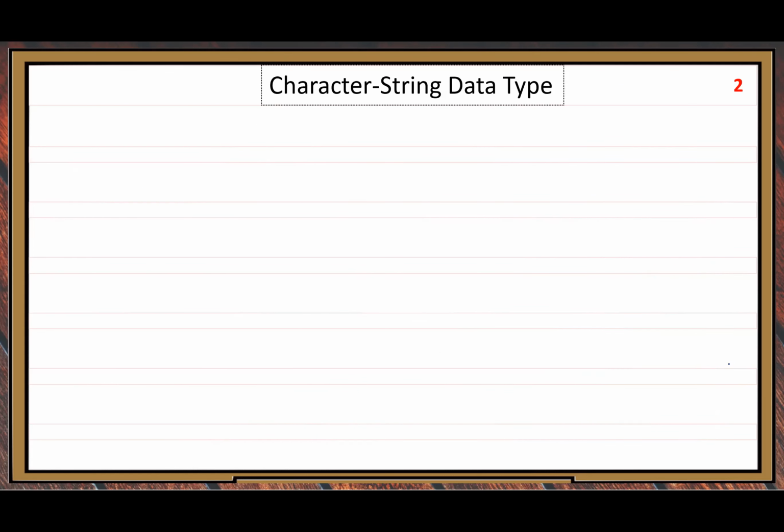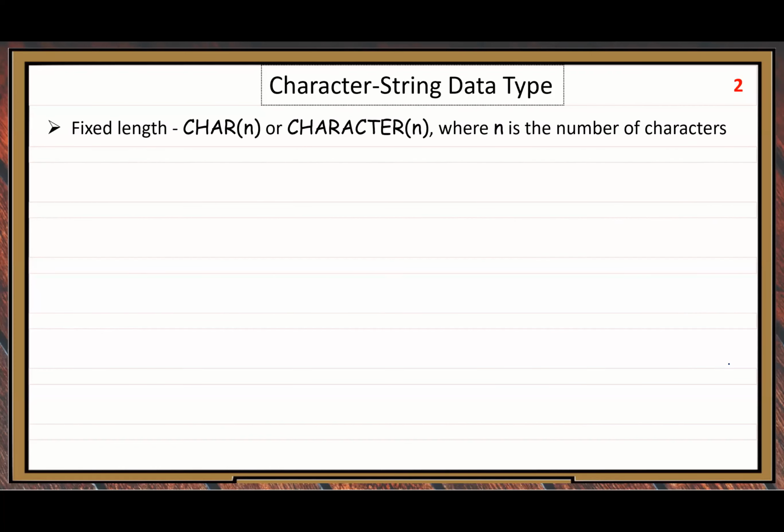Character string data type, another important type of data. The two most frequently used data types are numeric and character string. Fixed length: capital CHAR, parenthesis N, where you need to specify the fixed number of characters.